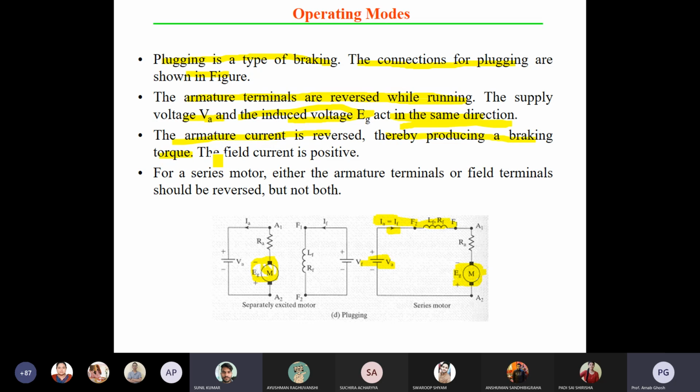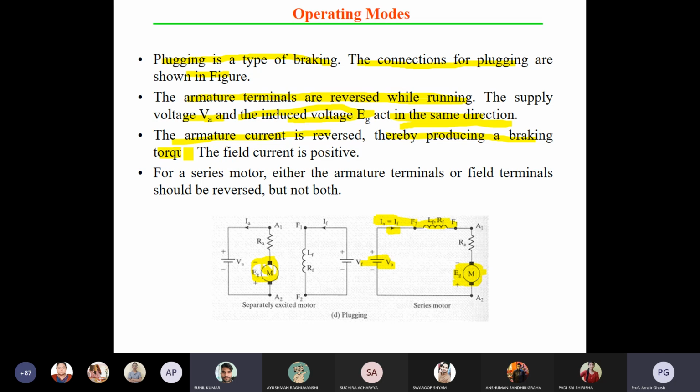Both are countering polarity. Gradually the EMF reduces the armature current, so the current goes to zero. Then again it will start rotating in the reverse direction. That's why it is called plugging.